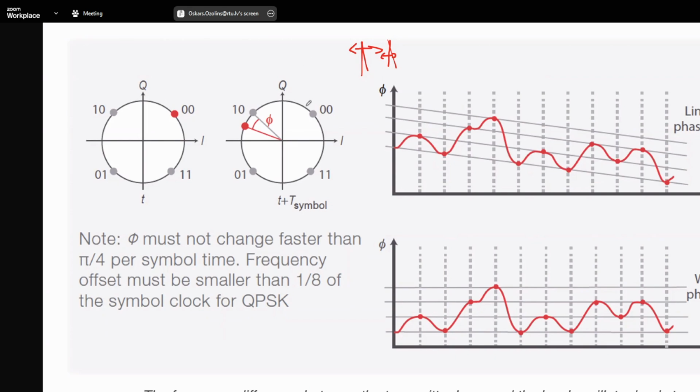But in practical systems, we want to integrate these lasers and all the components, transmitter and receiver, in one transceiver. So then we use semiconductor lasers. And as we know, semiconductor lasers don't have that low frequency and phase noise, right?